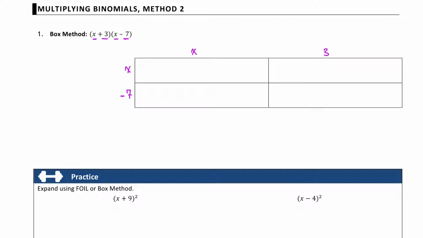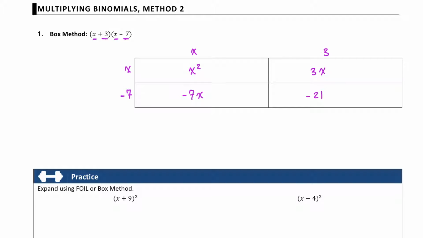So x times x on top will be x squared. X times negative 7 will be negative 7x. 3 times x is 3x, and 3 times negative 7 is negative 21. Once you have it set up in this method, all you have to do next is add everything you have in your boxes.